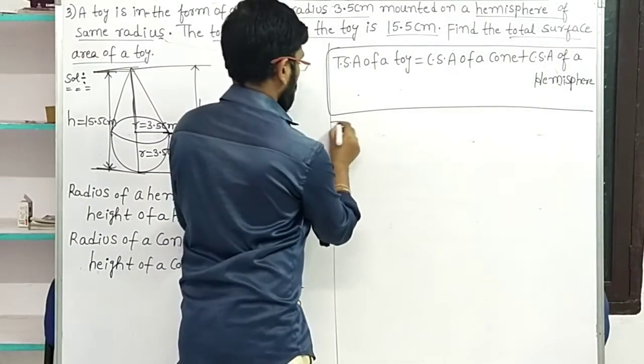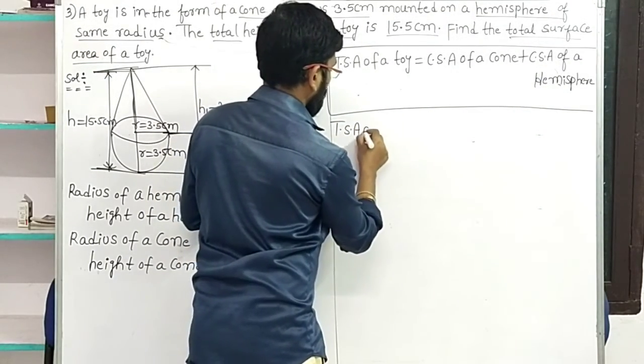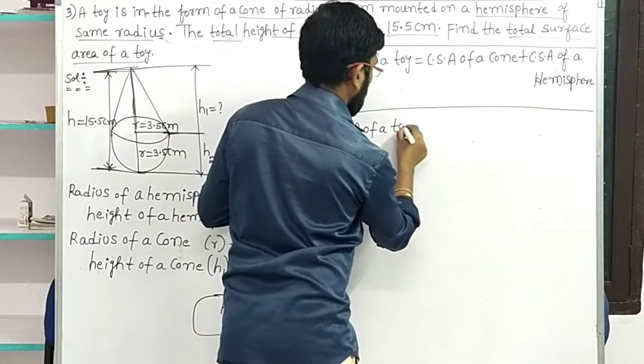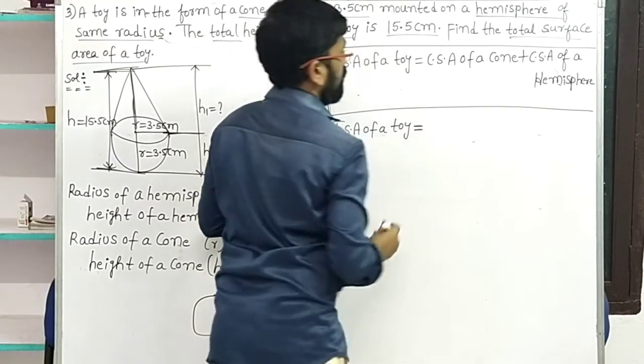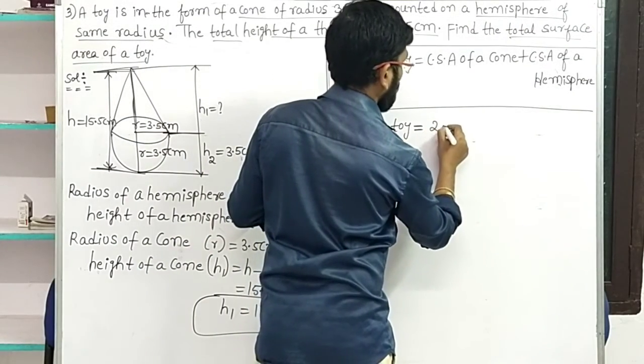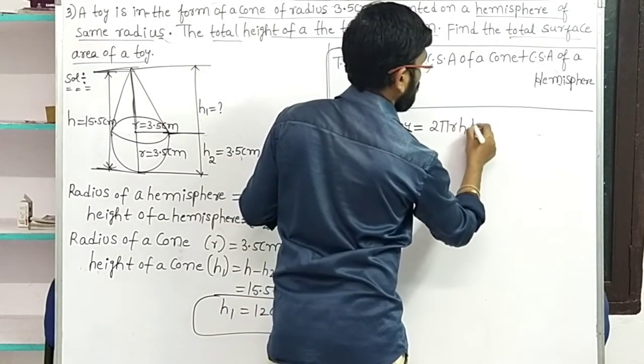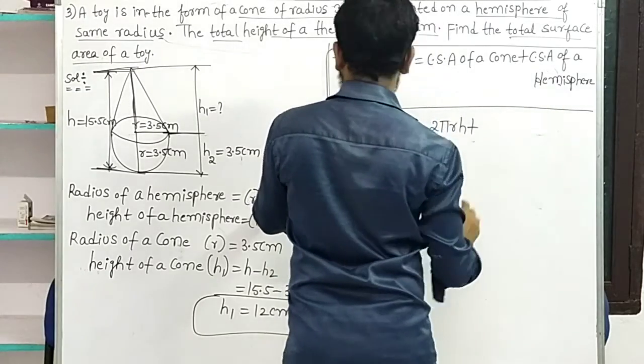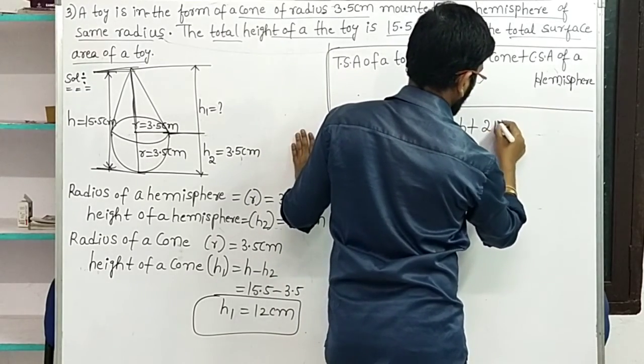So TSA of the toy equals 2 pi r h plus, for the hemisphere, 2 pi r squared.